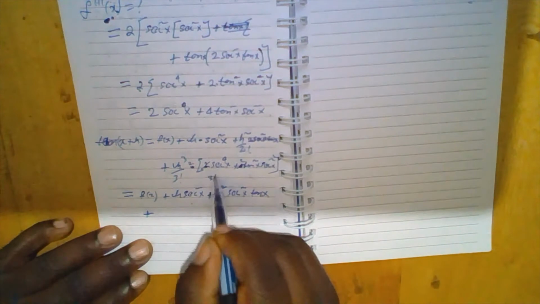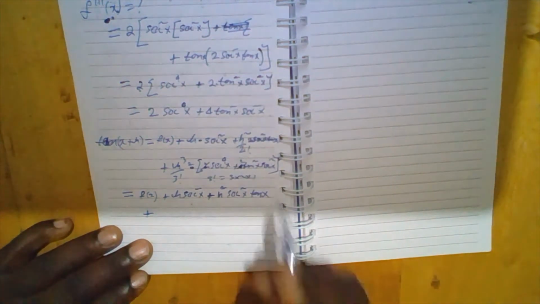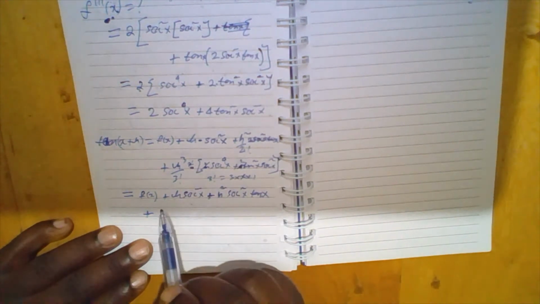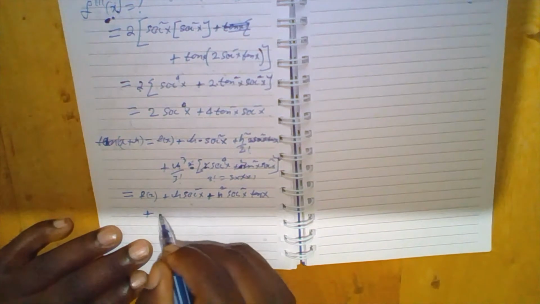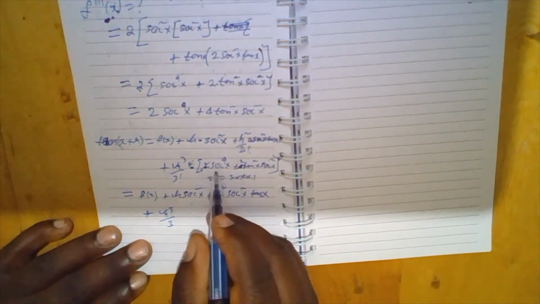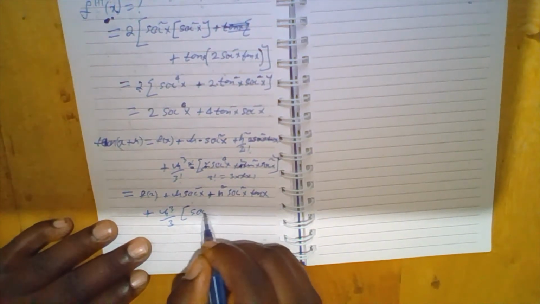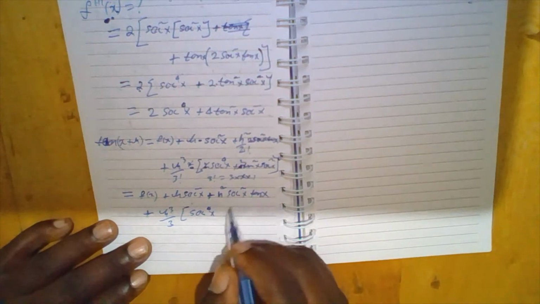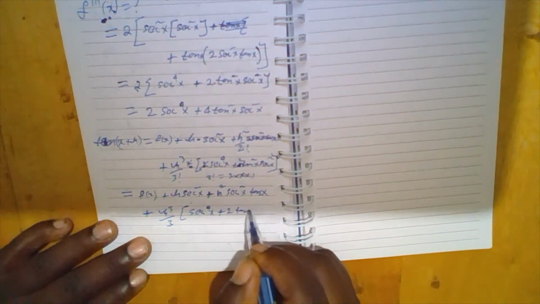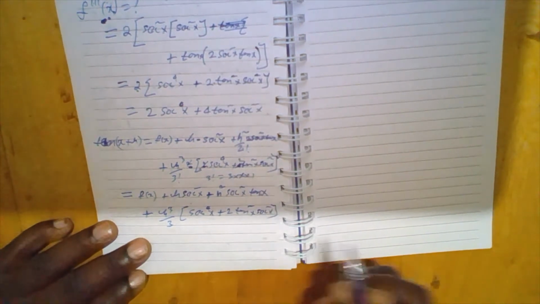Now 3 factorial is the same as 3 times 2 times 1, so these 2 will cancel with these 2 here, and we remain with h cubed all over 3. Now here we have sec x raised to 4, here we remain with the 2 tan x squared sec x squared.